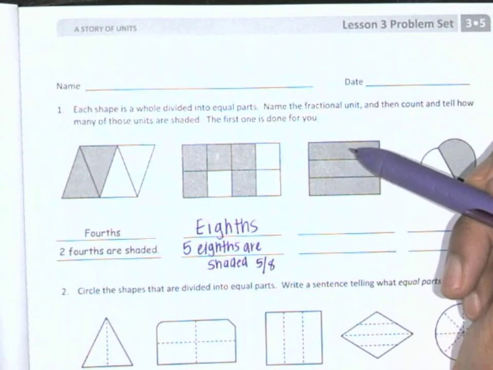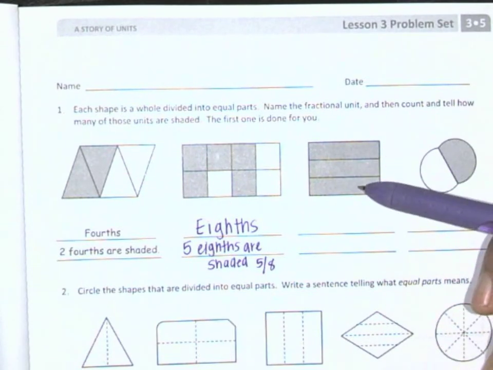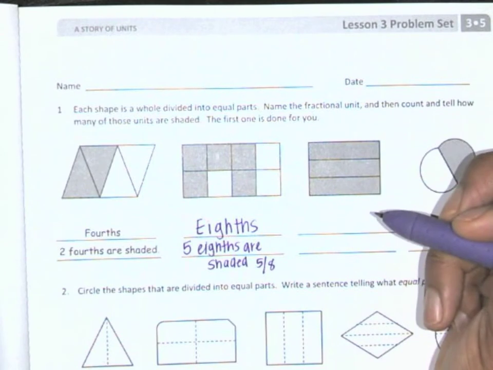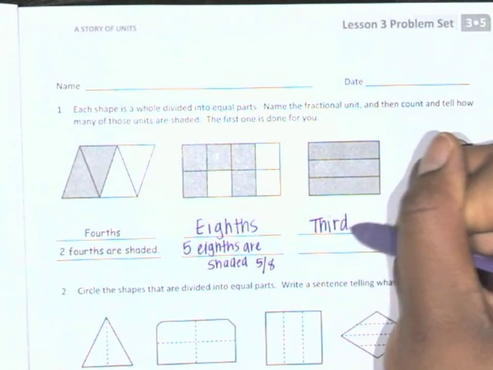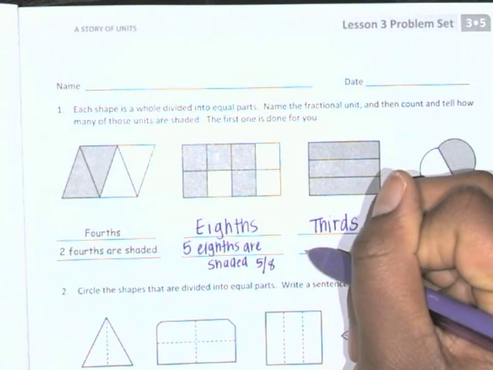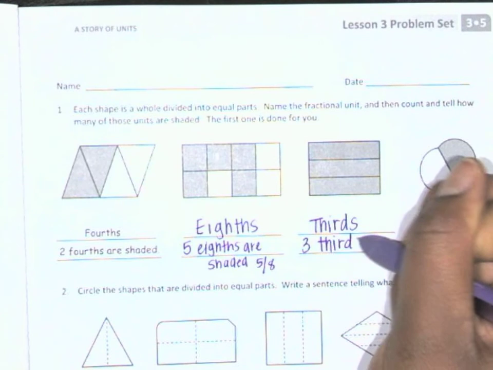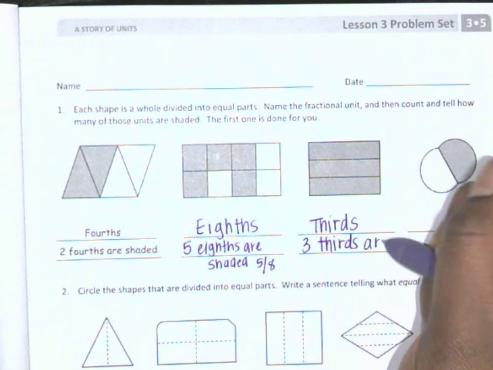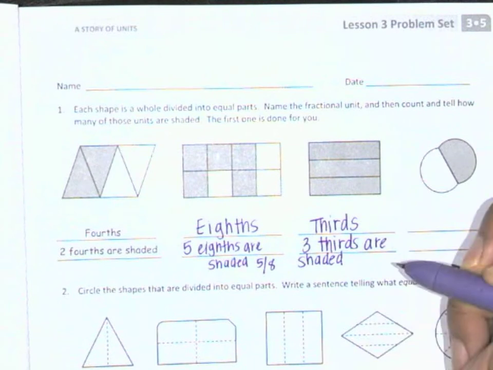How many units are there? 1, 2, 3. 3. So those are called what? Good. Thirds. And then I would enter what here? 3/3 are shaded. Go ahead and write that fraction in numerical form for me.